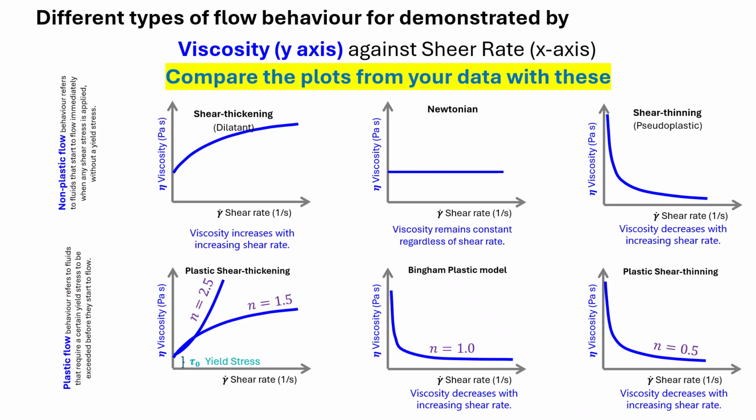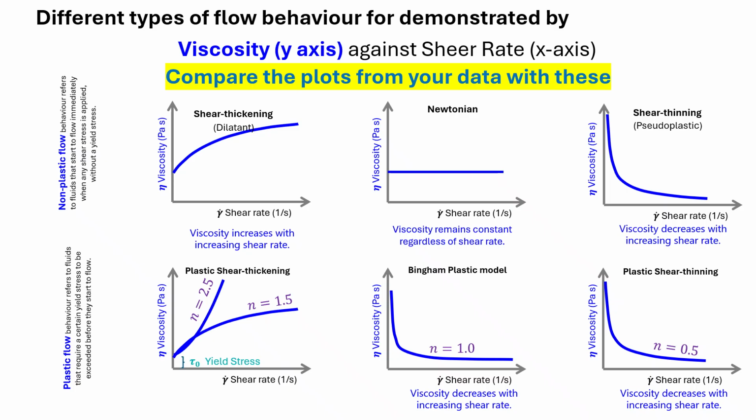Now, I think this is really useful. These are a really useful set of graphs for you to compare your data with, and you should be basically looking towards the non-plastic flow, because I've tried to eliminate the plastic flow from this practical to make it more straightforward for you.